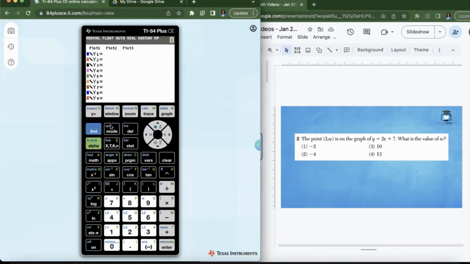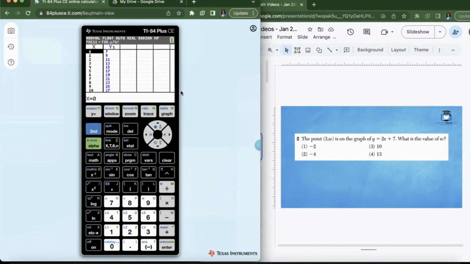So I'm clicking on our y equals button, and notice there is a y equals right here. So I'm going to enter everything that comes after the equal sign. I have 2x plus 7. That is our function. Now, to take a look at the table of values, we're going to hit second graph.